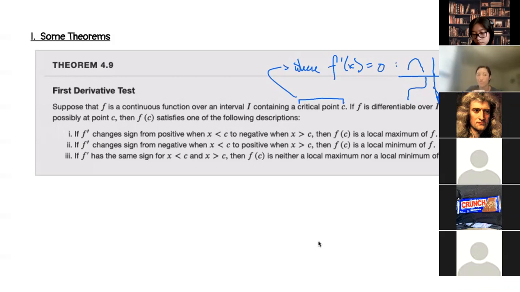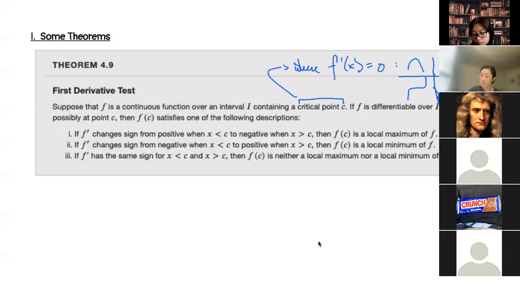Two: if f prime changes sign from negative to positive, then f of c is a local minimum. And if f prime has the same sign, then it's neither a minimum nor a maximum. I think that's a lot of words.